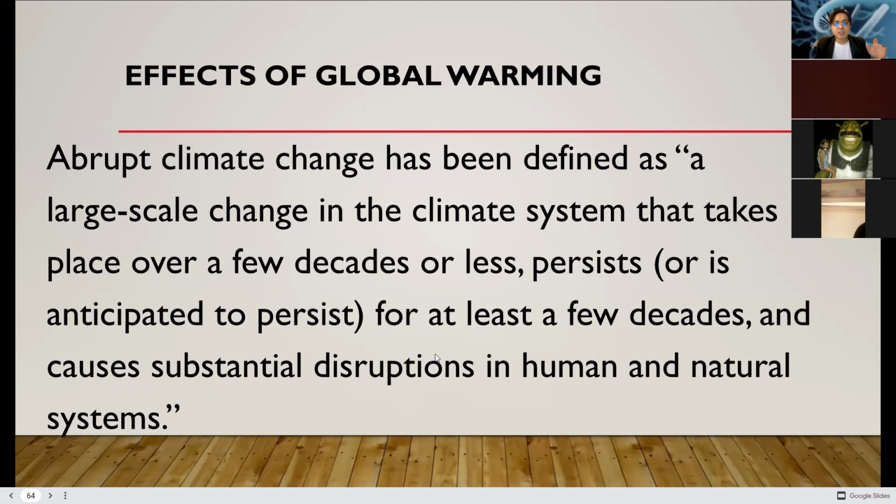Number one, changes in the environment. Number two, it can make natural selection faster by not allowing adjustment. You remember that animals and plants need to adjust to a certain environment, but abrupt change can actually kill them in the process.